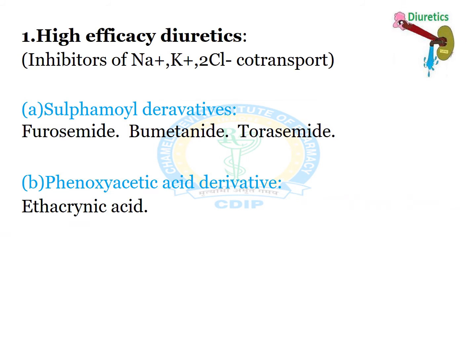High efficacy diuretics are the agents which inhibit the sodium, potassium and chloride co-transport. The agents are divided into two major subdivisions: sulfamoyl derivatives and phenoxyacetic acid derivatives. The drugs are furosemide, bumetanide, torasemide and ethacrynic acid.